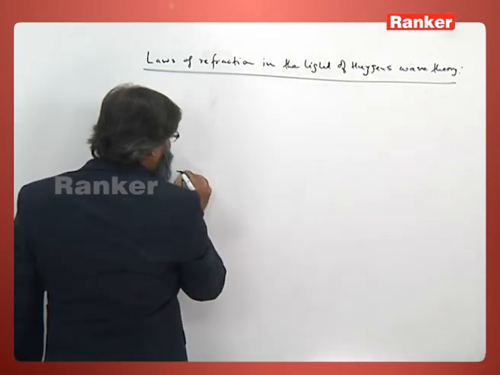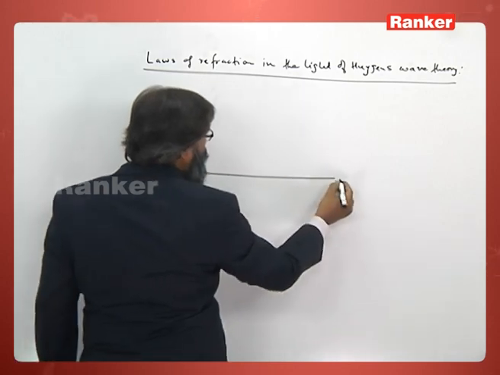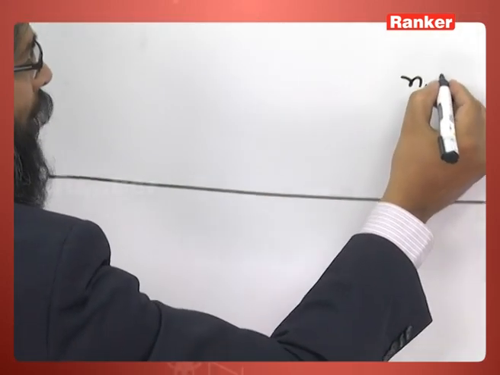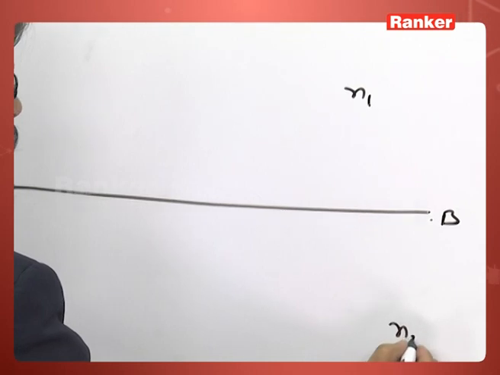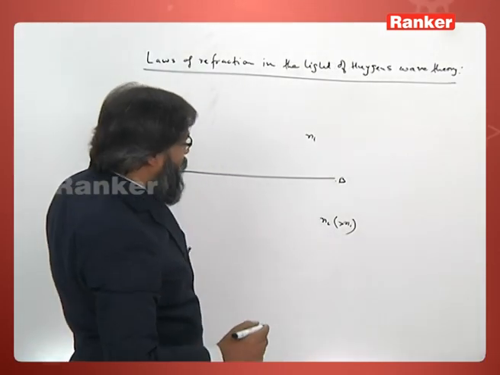So suppose this is a surface AB which separates two media, one with refractive index N1 and another with refractive index N2 greater than N1.